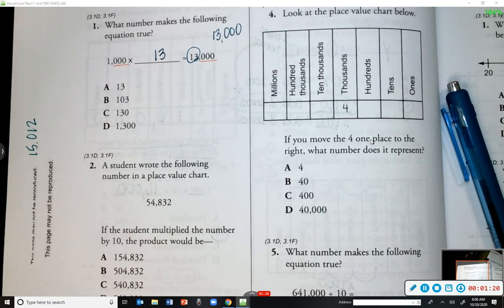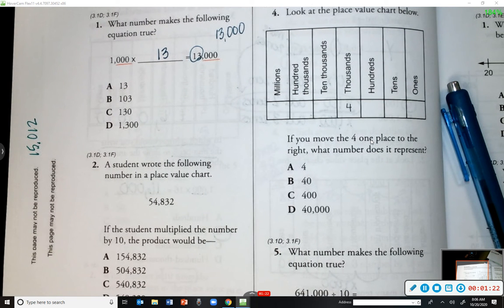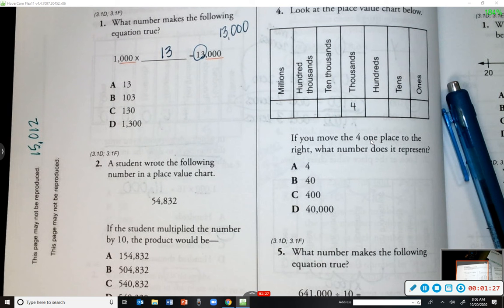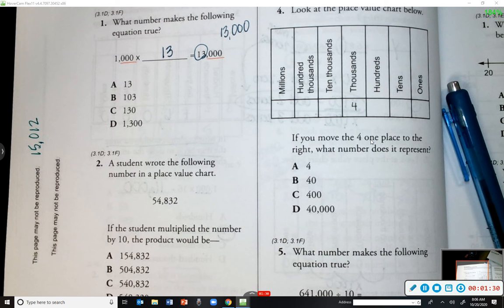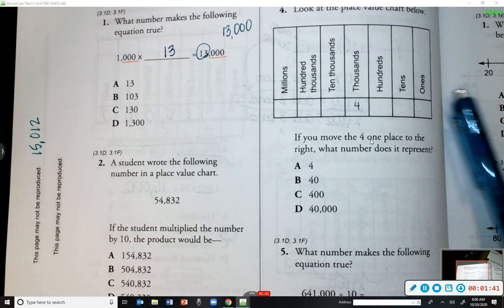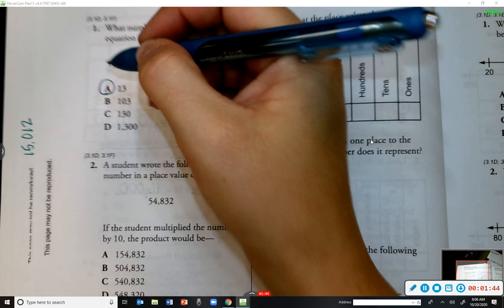You just need to look at the numbers in front of the zeros when you're trying to figure out the number that's multiplied by a 10, 100, or 1,000.